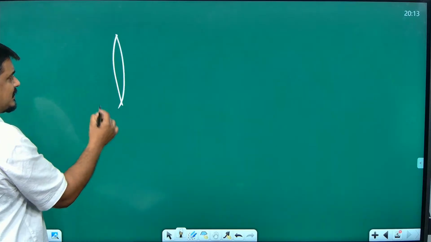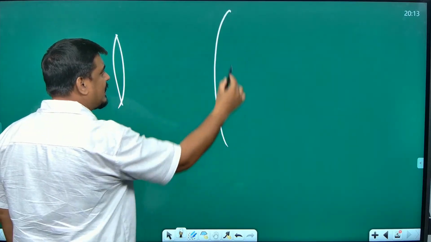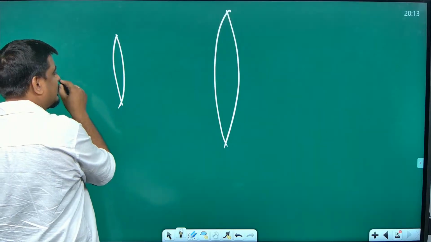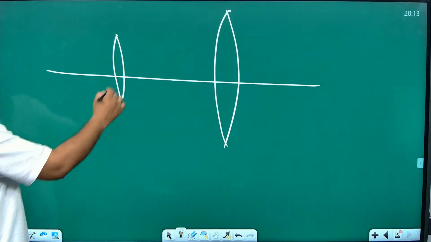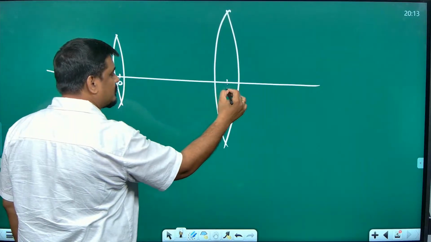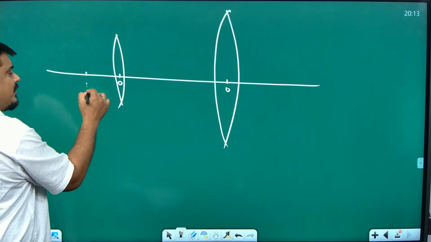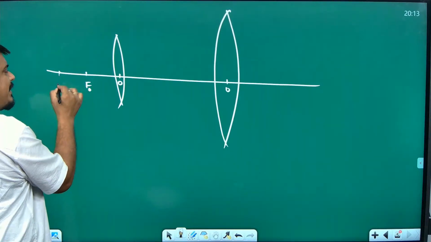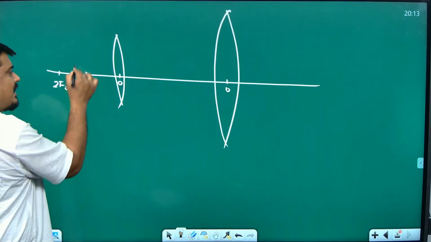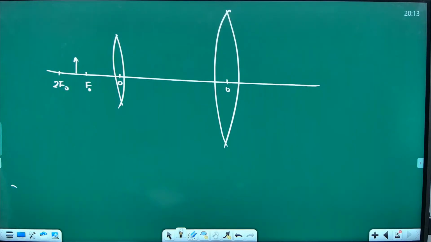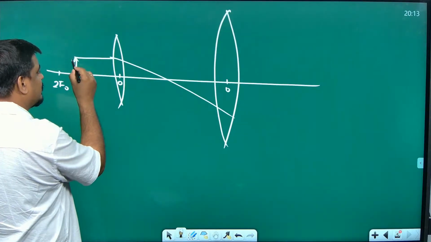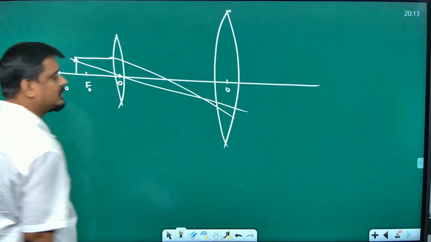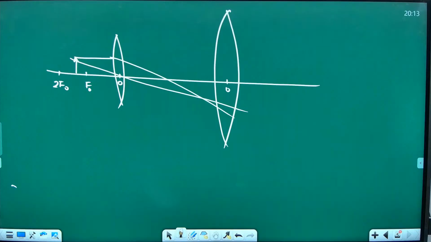How NCERT has done. Everybody please pay attention. Very much same as me, NCERT in the beginning has taken the object between F and 2F, and made the ray diagram like this. It is same up to here. First step is same.